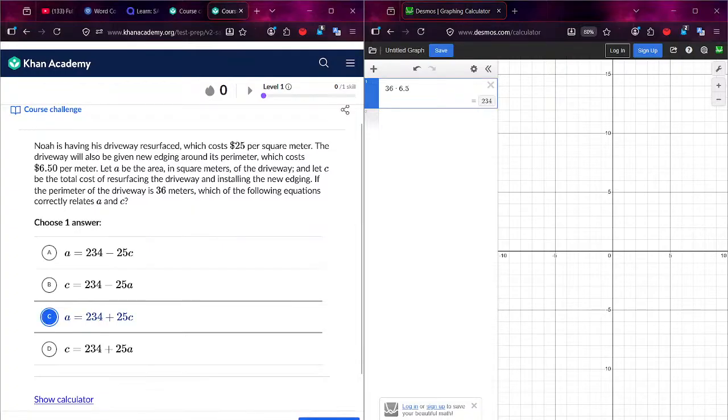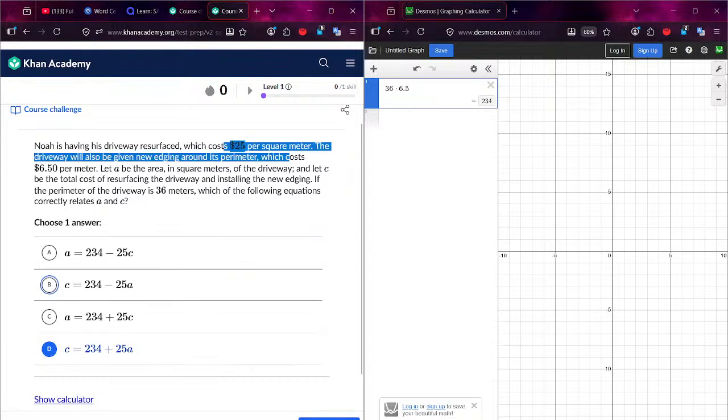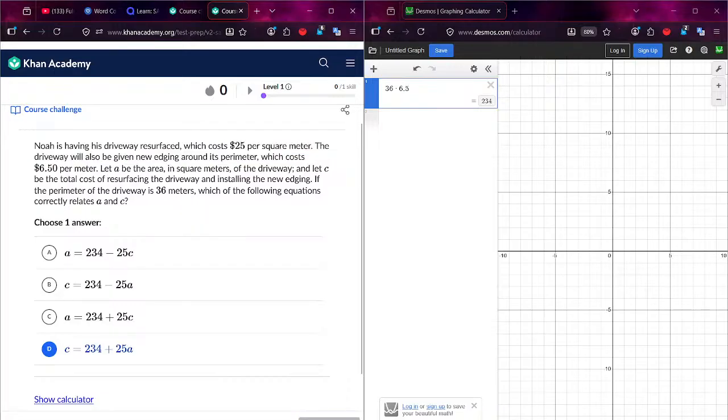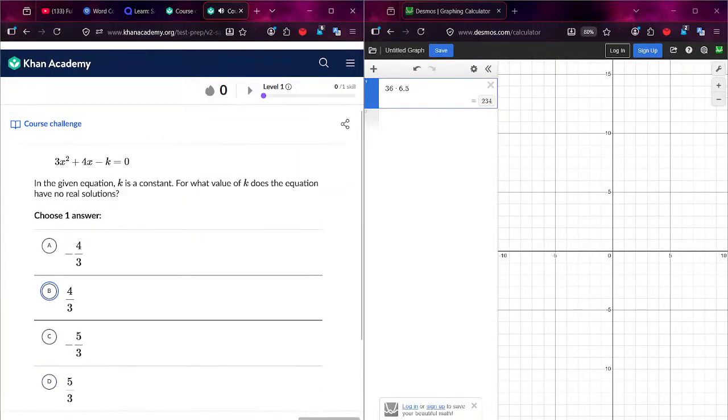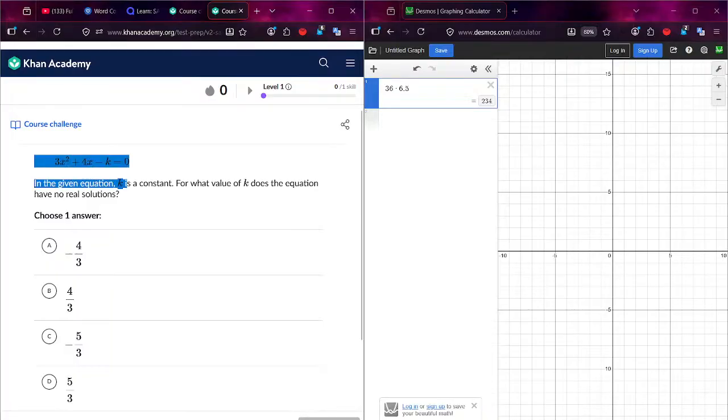And then on top of that, whatever the area is, we're going to have to add 25 times that, because square meters times 25 is going to be our cost. So it's going to be there. This is going to be our last question before we wrap up the stream.